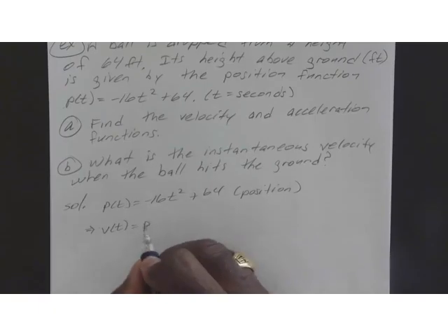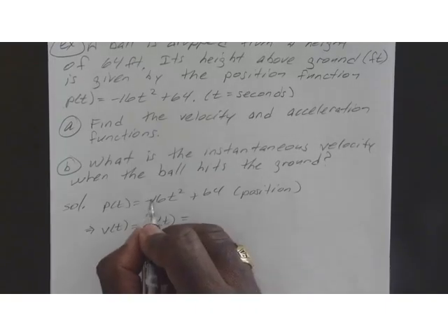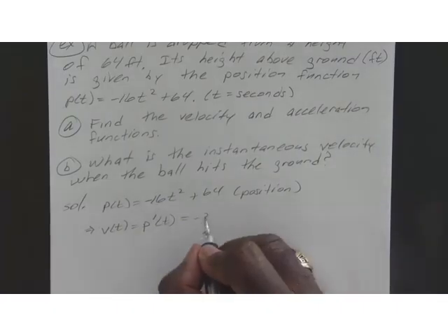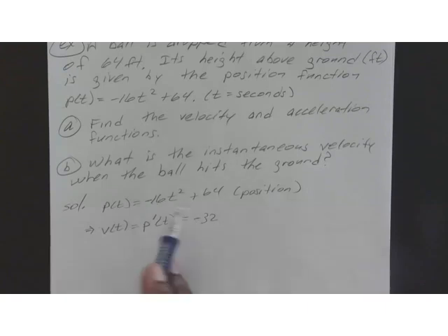Now we know the first derivative, which is negative 16 times the derivative of t squared. So we bring down the 2. So negative 16 times 2 is negative 32 times t to the power of 2 minus 1.